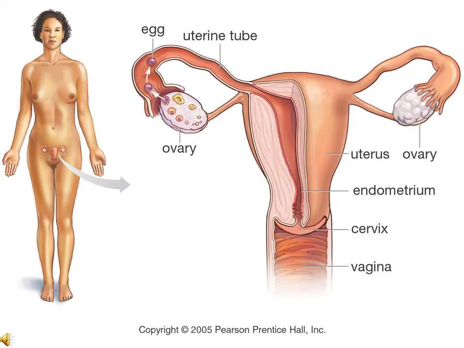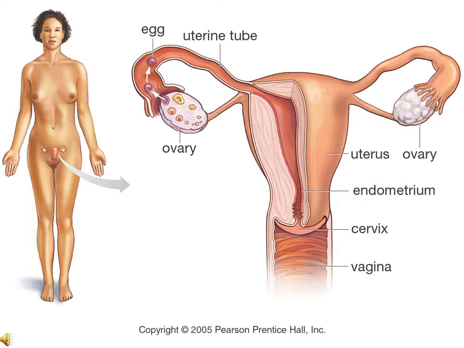Now, first, let's look at the female anatomy. The female anatomy is quite complex, actually. Females are born with all of their eggs embedded in two ovaries. The ovaries, as you can see, are connected to two uterine tubes, often referred to as fallopian tubes.